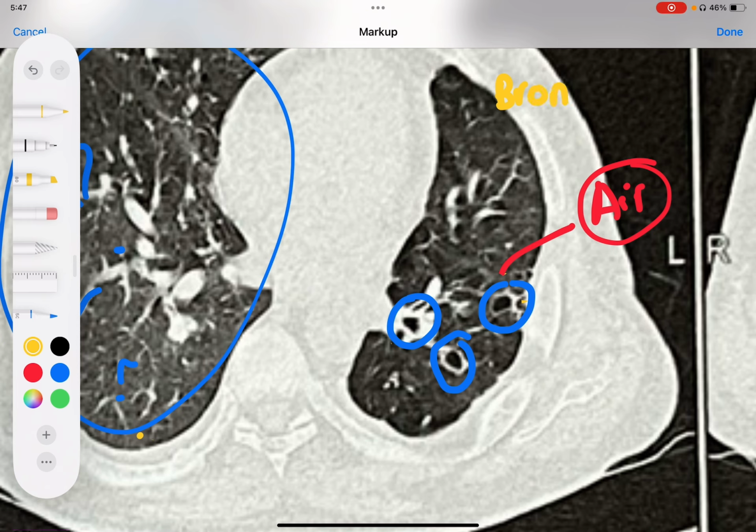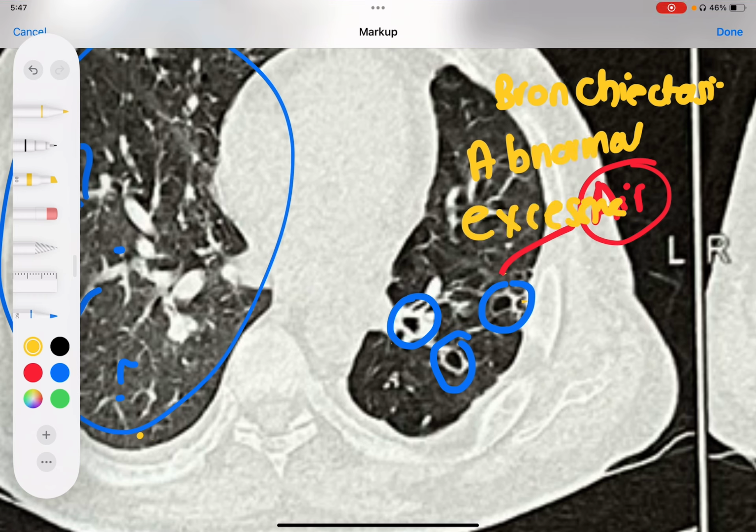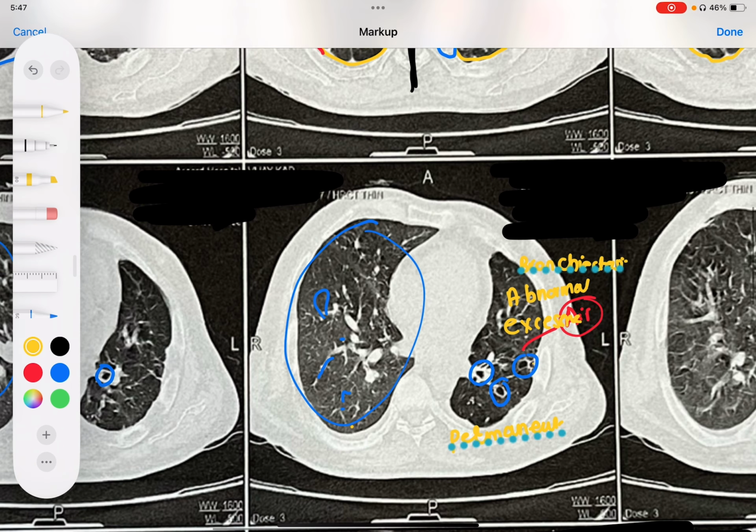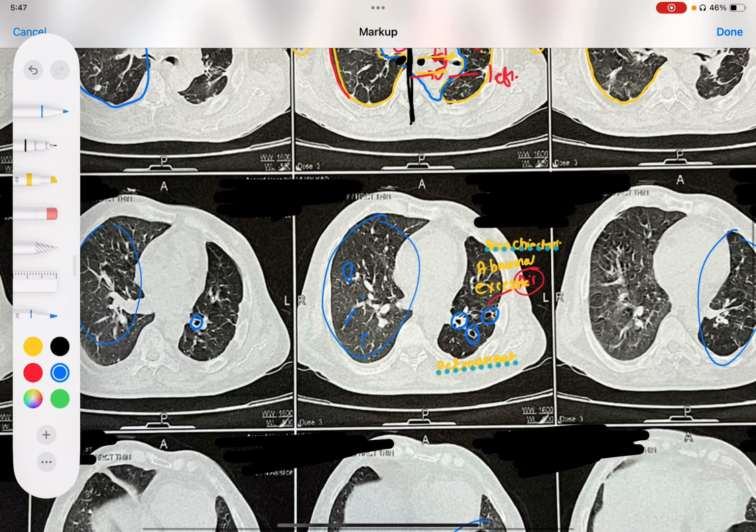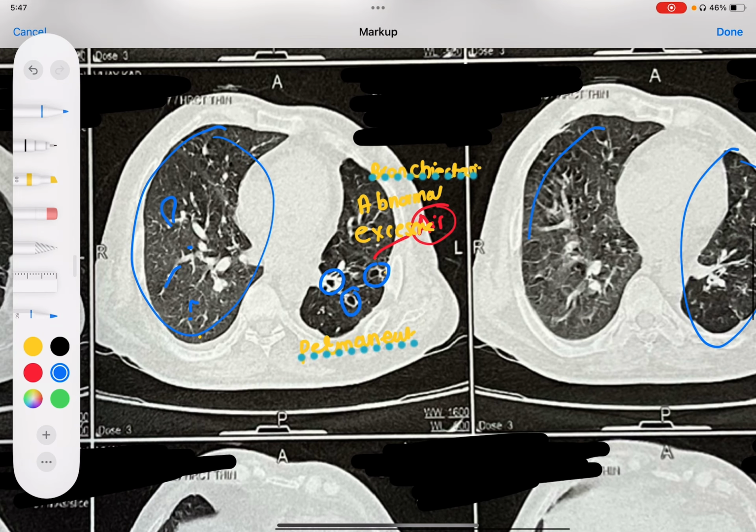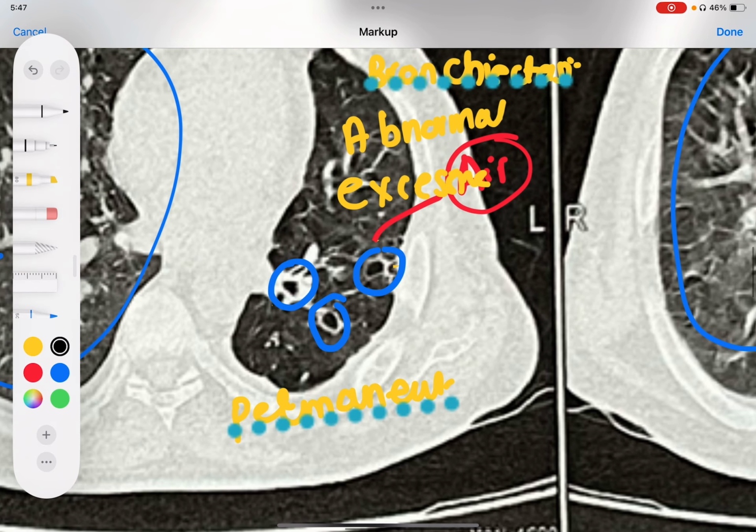So what is bronchiectasis? Bronchiectasis is basically an abnormal excessive damage of the bronchi, and that is permanent damage of bronchi so that they are dilated. And once bronchi are permanently dilated, these patients are prone to recurrent infections, because we are not seeing any bronchi clearly visible here, but here we can see they are thick walled. You just see the thick wall.